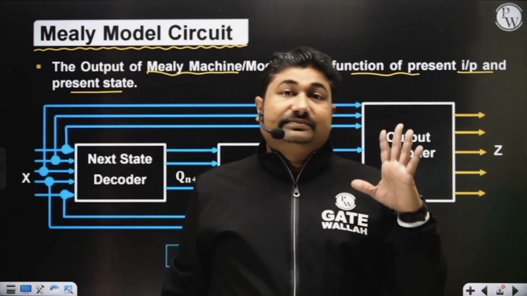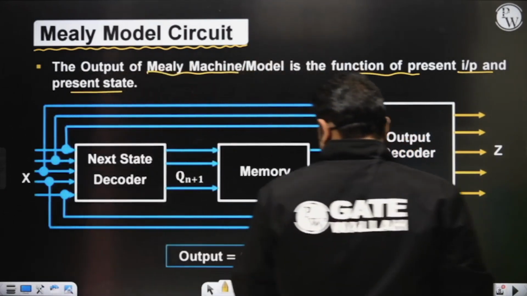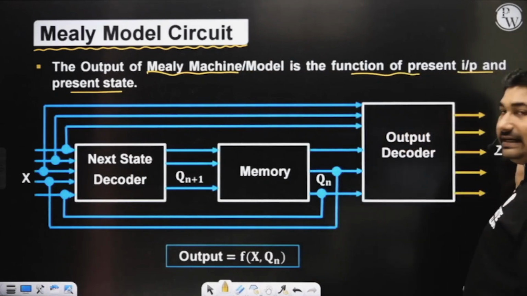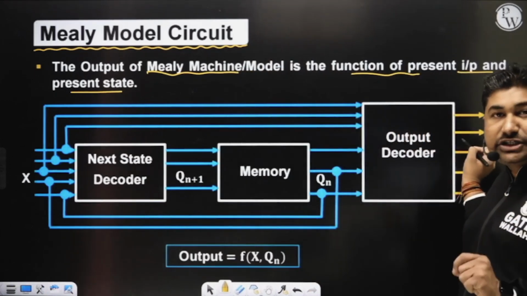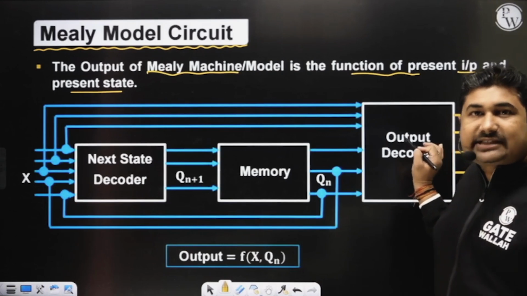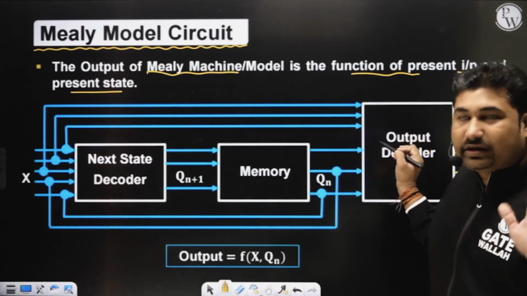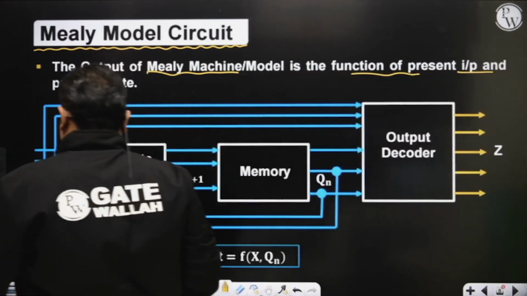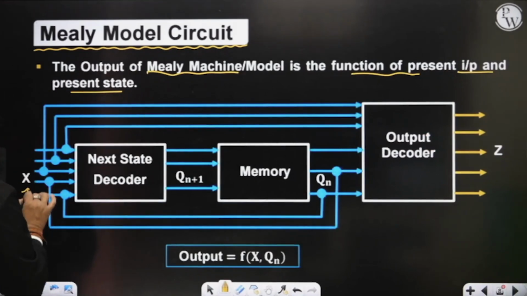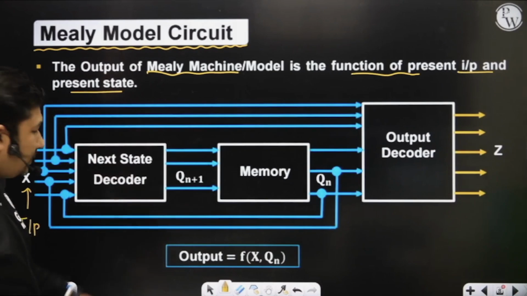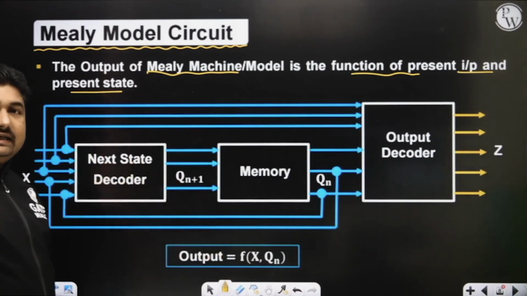Very important. It means if my output is Z, then Z is a function of Qn as well as the present input, say X. So please observe here. I am trying to show the input. This is your input. It goes to the next state detector.